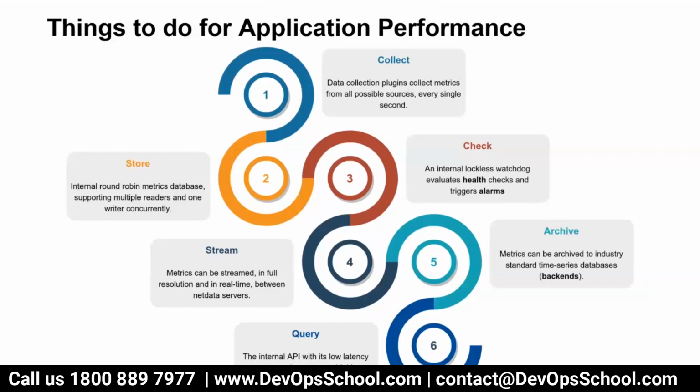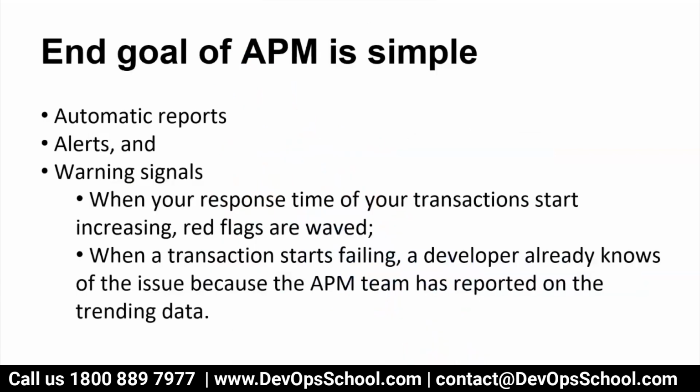And then after that you can stream it or query it for a dashboard or alert. So what is the end goal for APM? It's very simple. You want automated reports on the performance of your applications, the problems, and again alerts and warning signals.